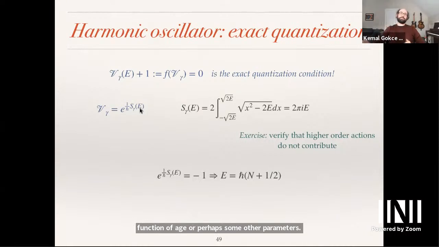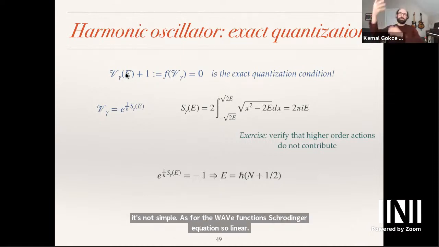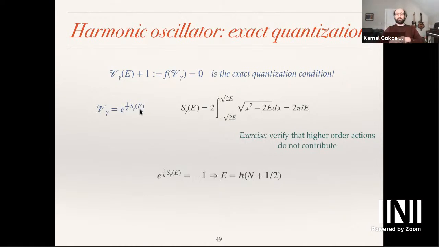So the solution of this equation, or the inversion, gives E as a resurgent function of H bar. Of course, it's not as simple as for the wave function. The Schrodinger equation is a linear differential equation. For E, it's a more complicated equation, and we will see that because of that, the resurgent expansion for E is more complicated. Okay, let me move on.